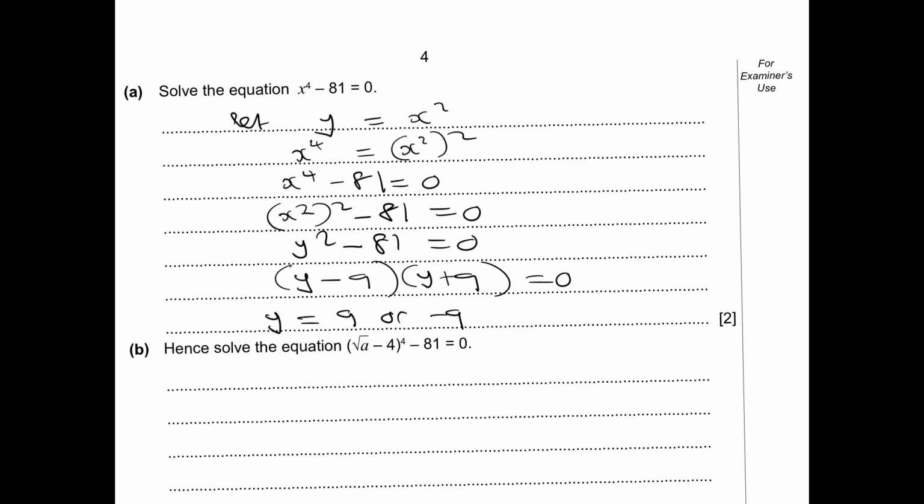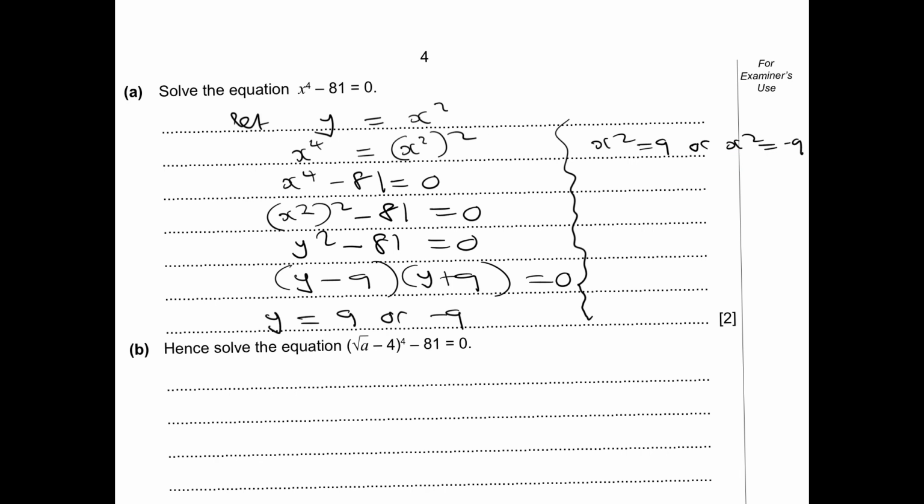Okay, now with that, remember y is equal to x squared, so x squared is equal to 9 or x squared is equal to negative 9. But of course, we see that this is actually invalid. It's undefined because we can't have a square which is negative.